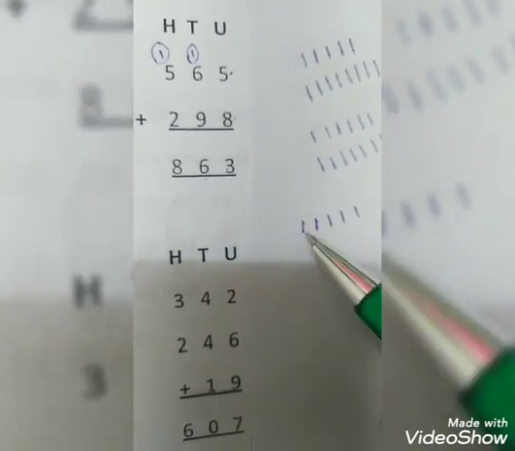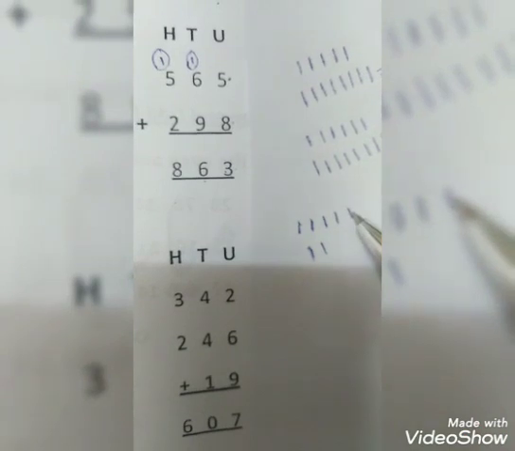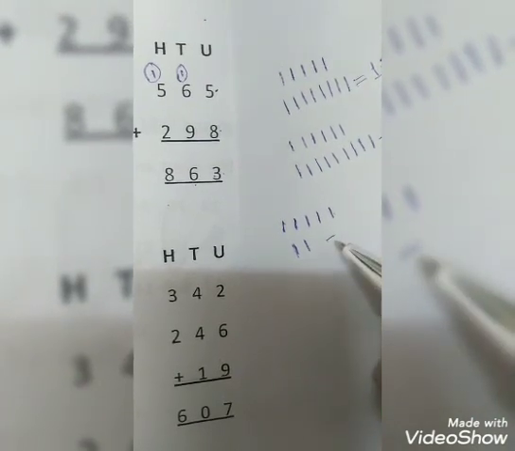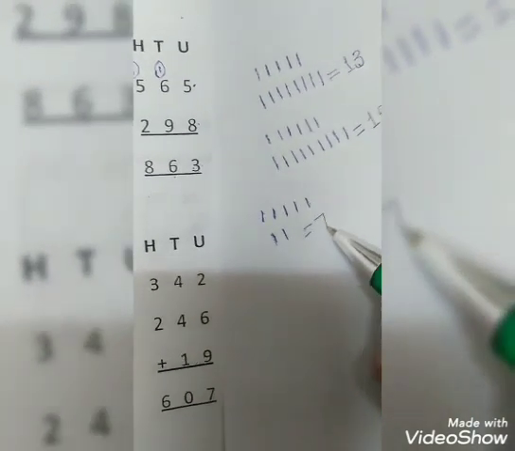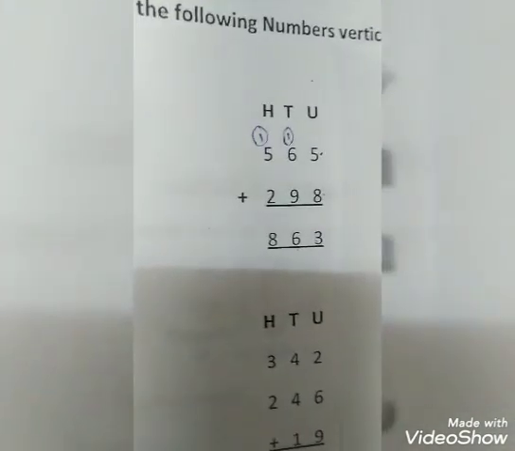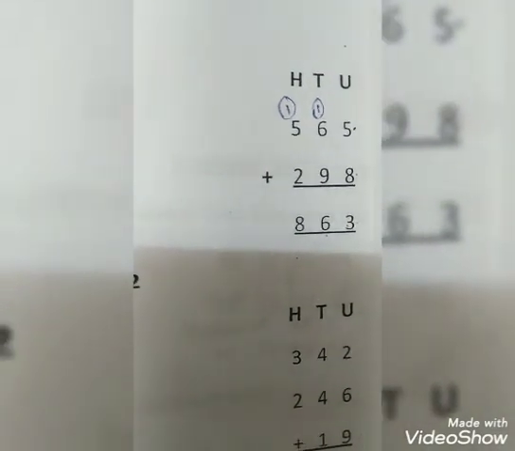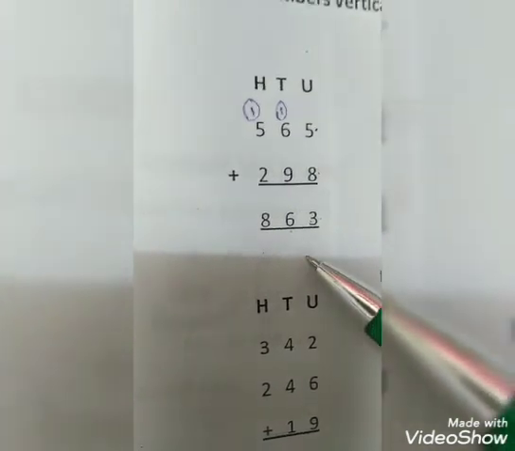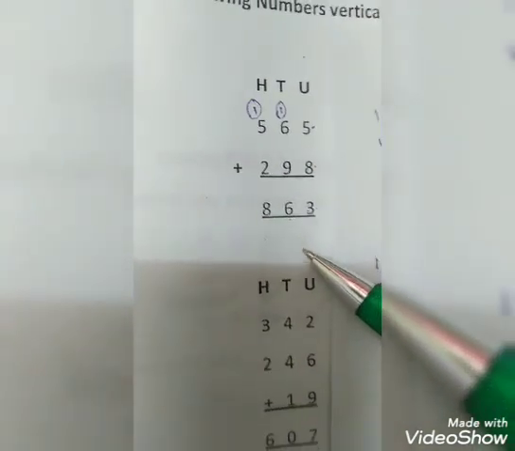Now count these lines: 1, 2, 3, 4, 5, 6, 7. Plus add 1 is equal to 8. So you can write 8 and this question will be solved now.